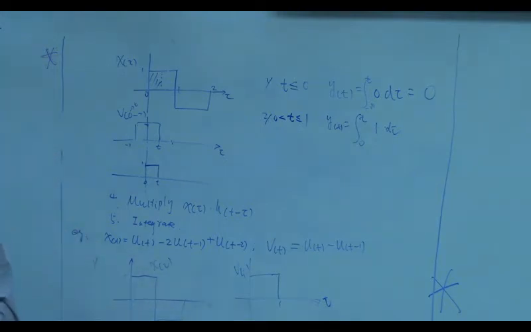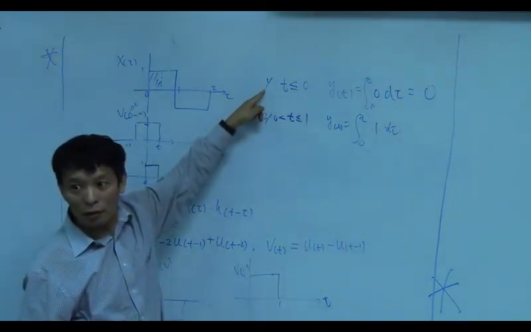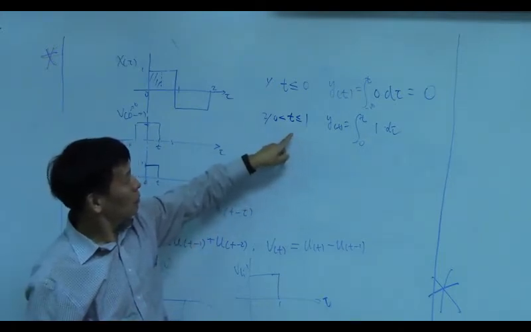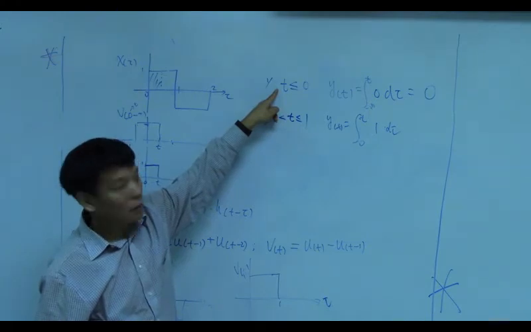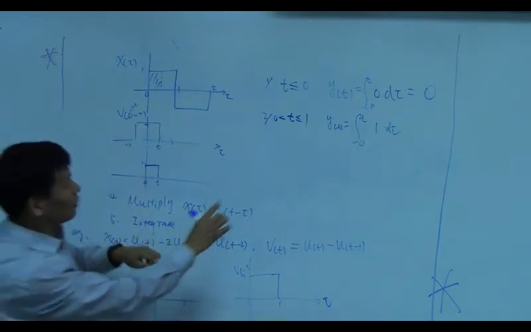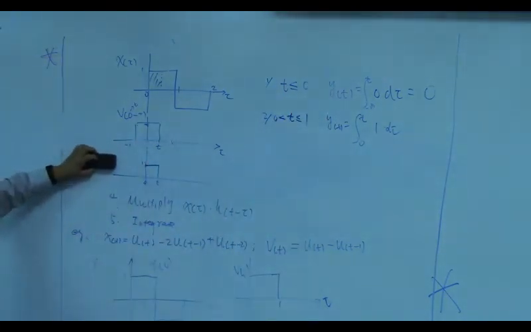How is the first one not negative 1 to t? This one? Yes. Because when t is less than 0, this window is here.